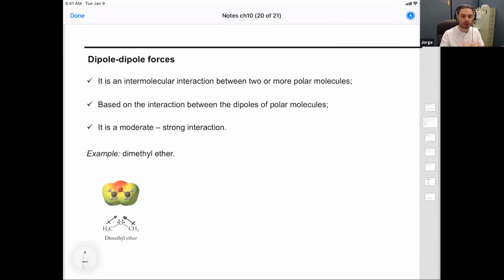Because the molecular geometry is bent, that creates a resulting dipole moment different from zero, which means the molecule is polar. Okay, so for the dimethyl ether, we have an accumulation of charges localized on the oxygen.